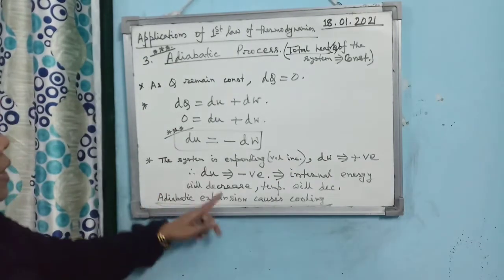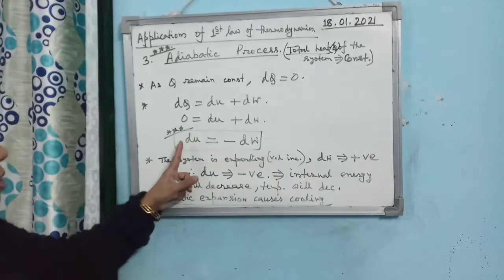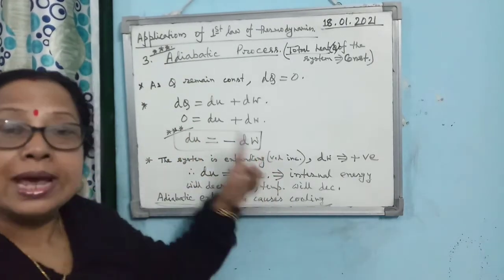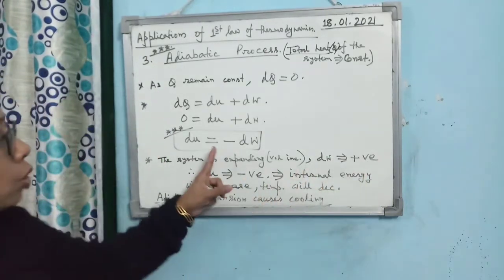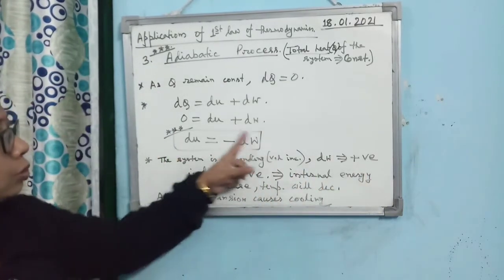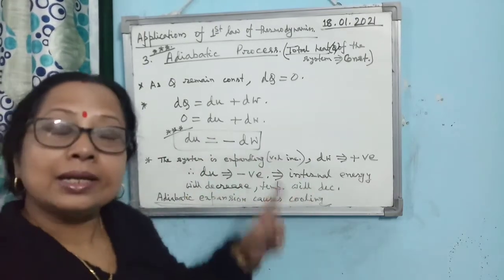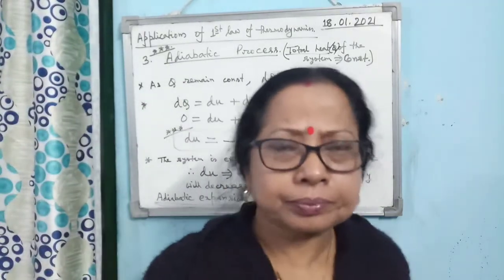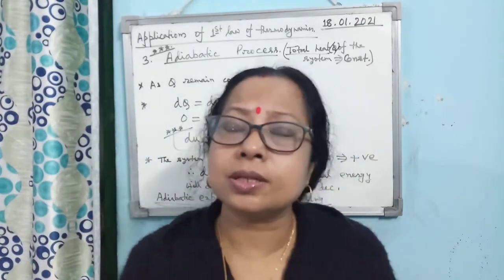Because adiabatic expansion means dQ will be 0. dQ 0 means dU is minus dW. Expansion means dW positive, work done positive. So if work done is positive, according to this relation, the change in internal energy dU will be negative. What is the meaning?